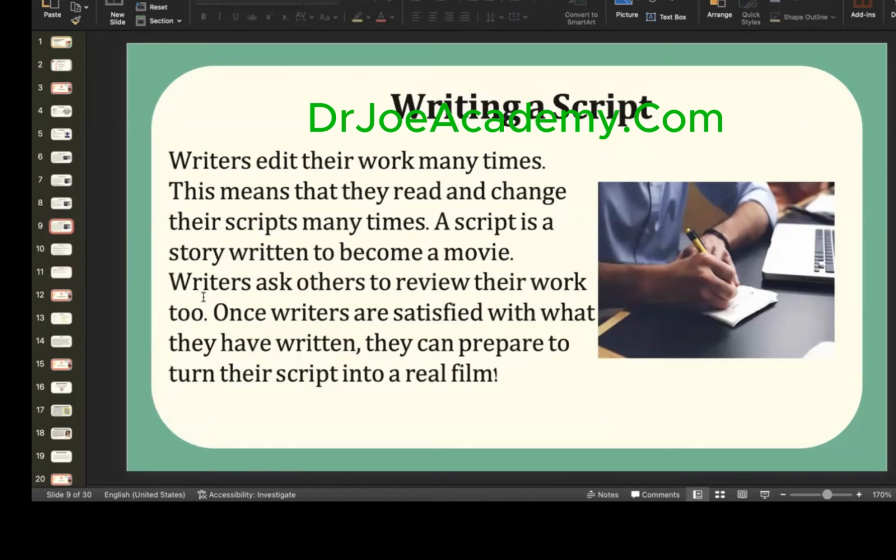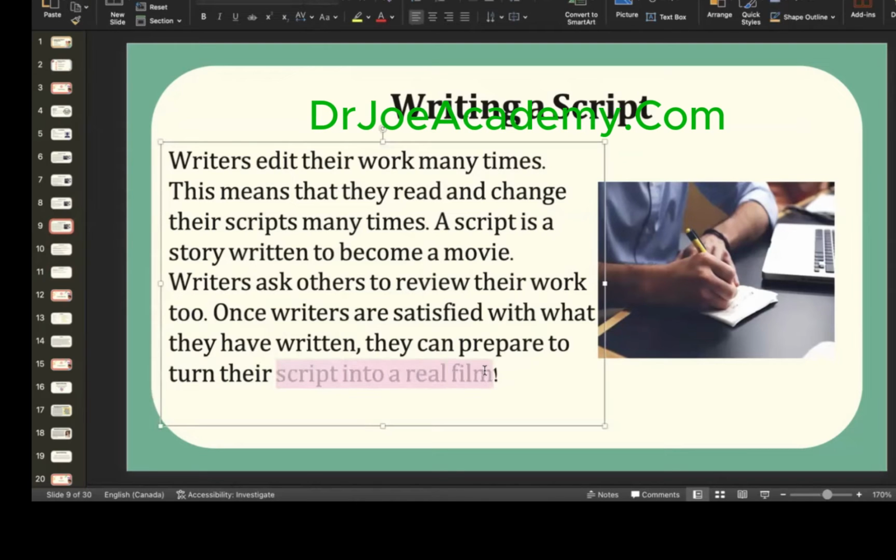A writer asks others to review their work too. Good. And once the script is ready, what do they make it into? Into a real film. Beautiful, nice, good job.